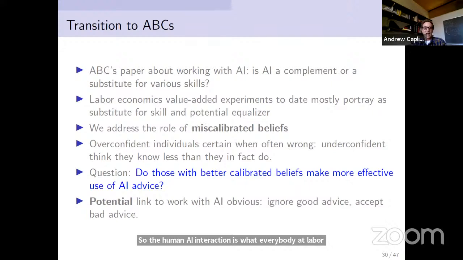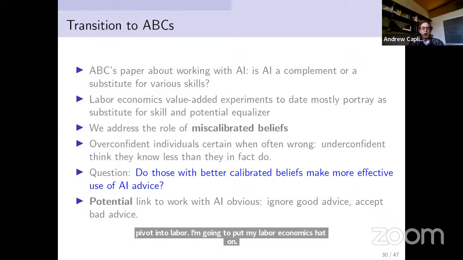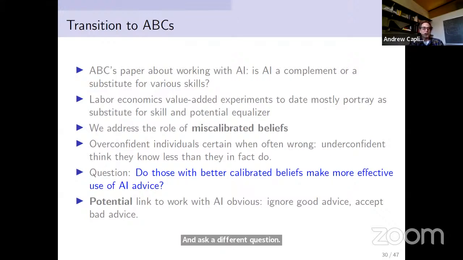And the question that David Autor and Daron Acemoglu, the kind of things that are of most interest, is what will happen to the value of skills when people are working with AI, and more generally, what skills will be valuable. And so you're now going to see me make a real pivot into labor. I'm going to put my labor economics hat on and ask a different question. What skills might be valuable for a human being working with an AI advisor?